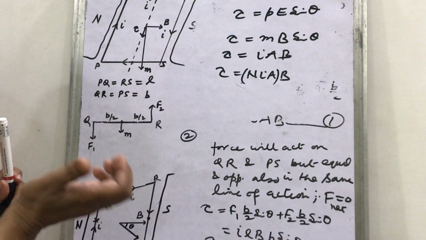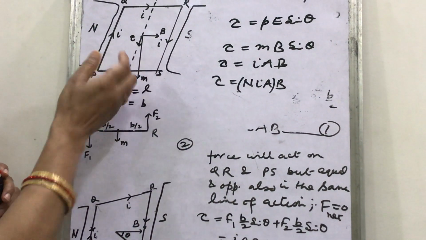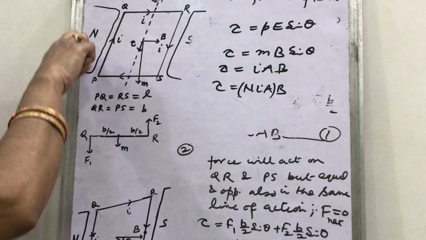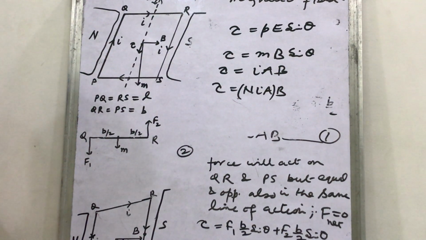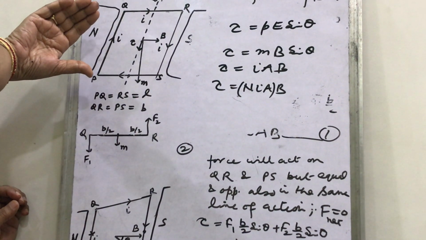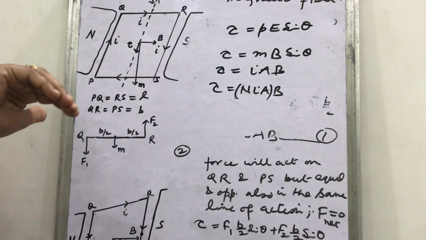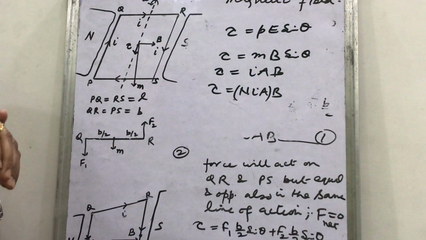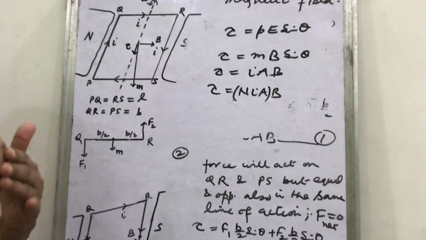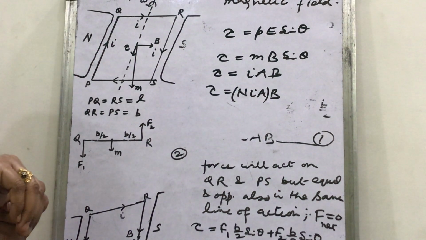Also by the right hand thumb rule in the current carrying loop, look here, and the curling of the fingers of the right hand. So for the current carrying loop, if the curling of the fingers is in the direction of current, then the thumb gives the direction of magnetic moment.